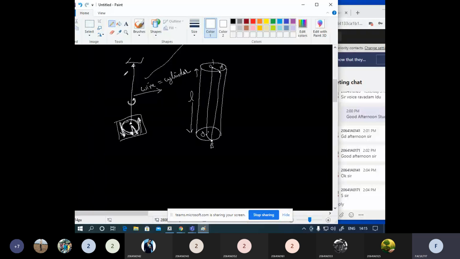At the bottom, it is hanged at the top. This is the top of the wire and this is the bottom of the wire. This is not the disc. Due to the application of the twist or the couple, the wire is going to get twisted here.